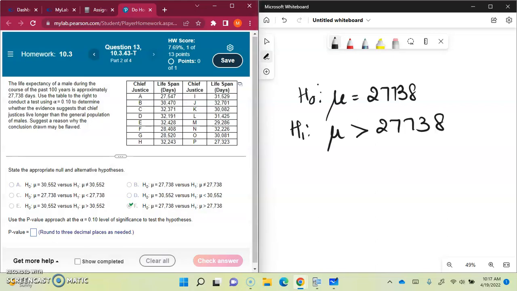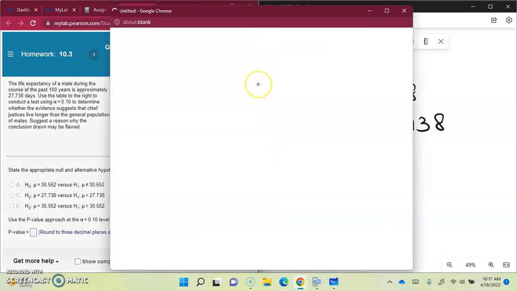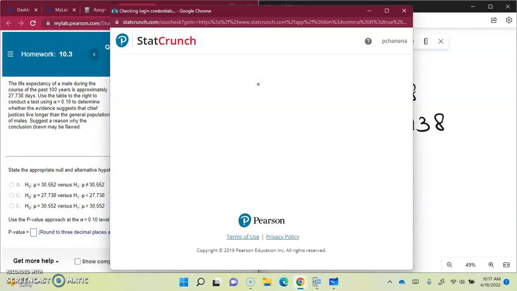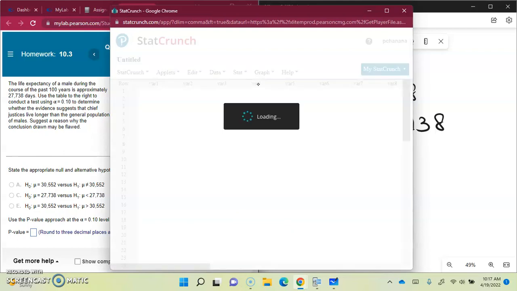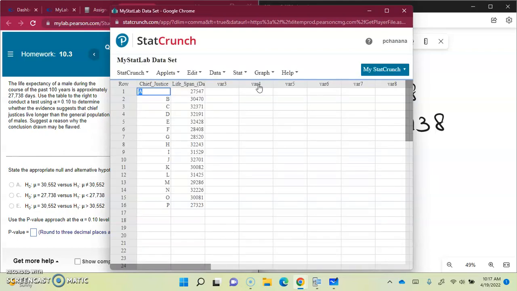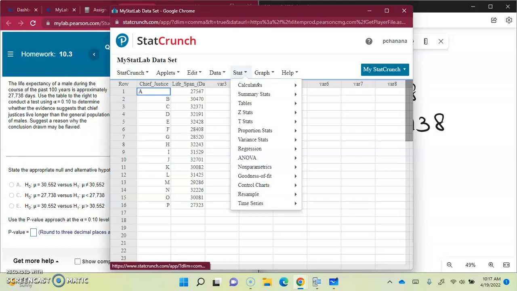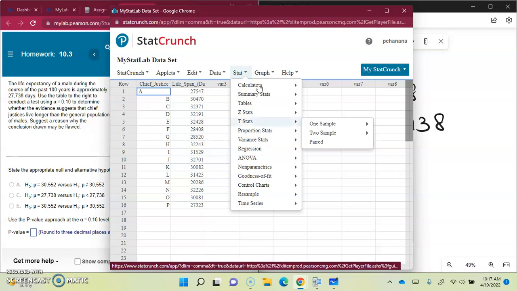Okay. The p-value is, that means we ran the test already. So let's test it using StatCrunch. You can do it in the TI calculator also by adding the list. Data is in this list, lifespan, second column. In StatCrunch, you click Stat and T-stats, One sample.